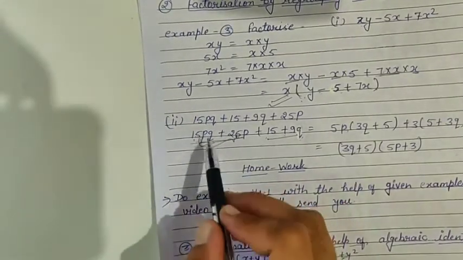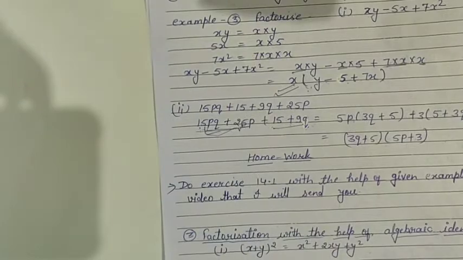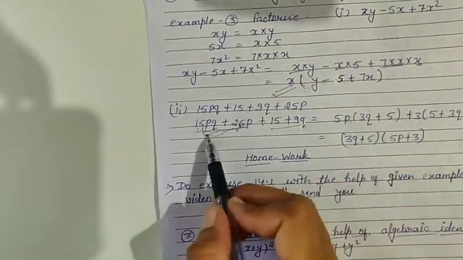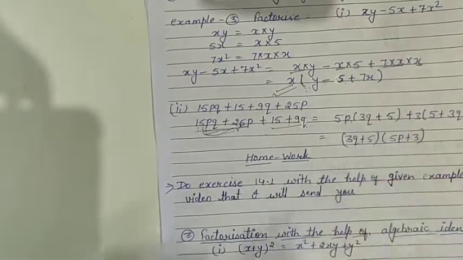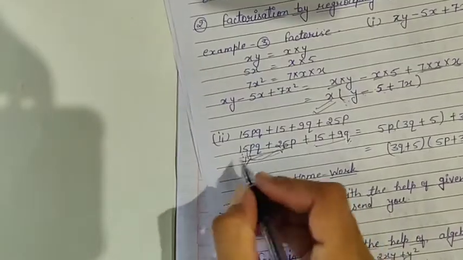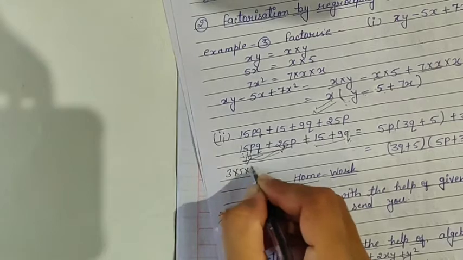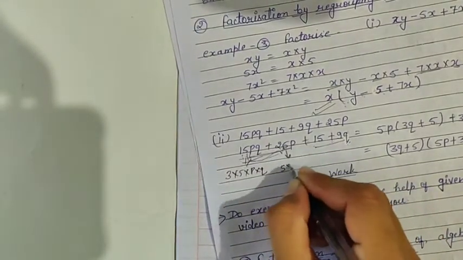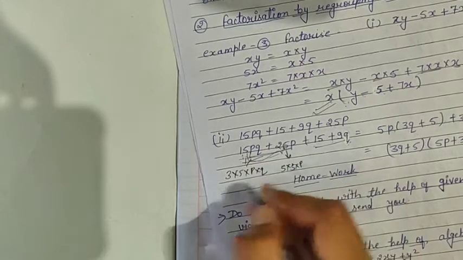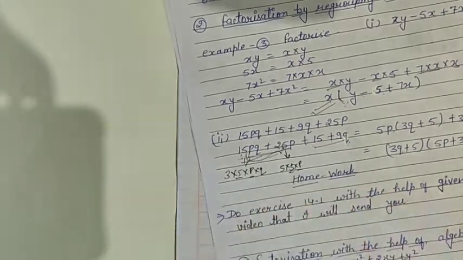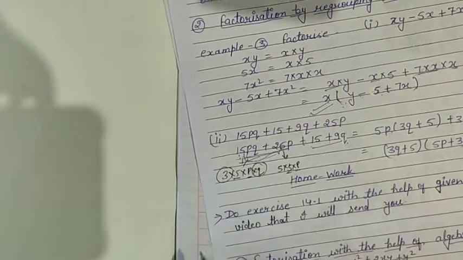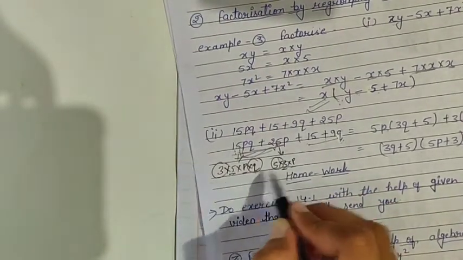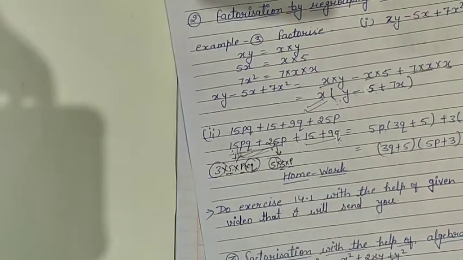If we divide 15pq by 5p, then we get 3q, and here 5. So 5p into 3q plus 5. Factors of 15pq is 3 into 5 into p into q, and factors of 25p is 5 into p. So 5p is common, and from here 3q is the remaining part, and from here 5 is the remaining part, if we take 5p as common.